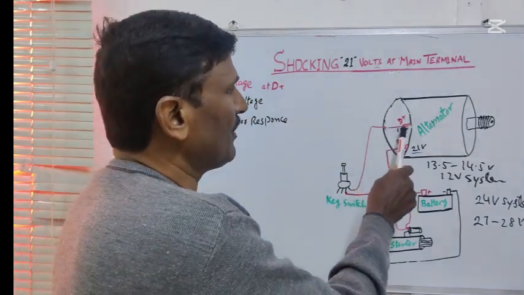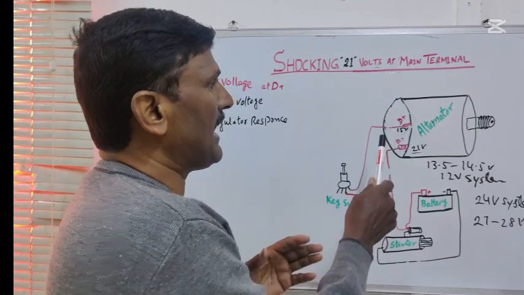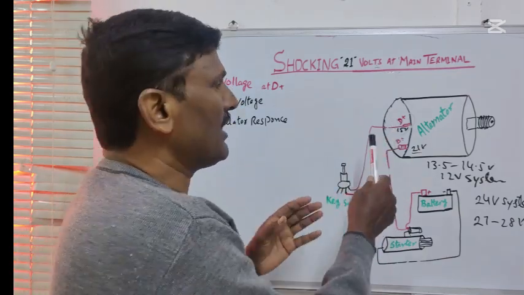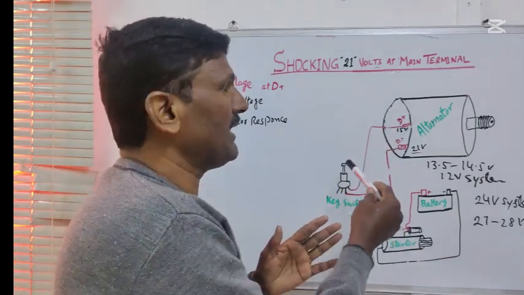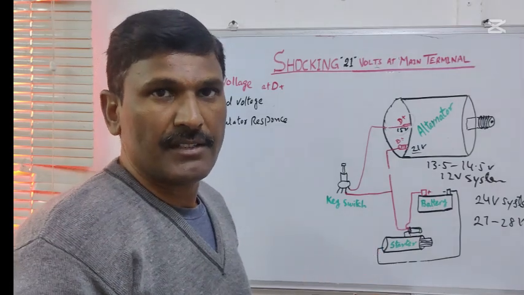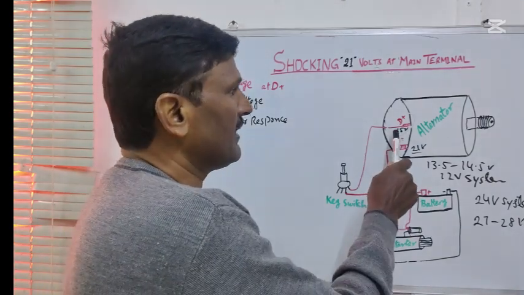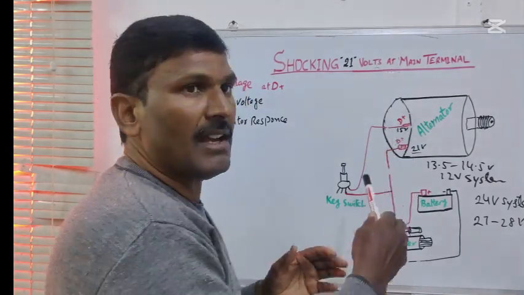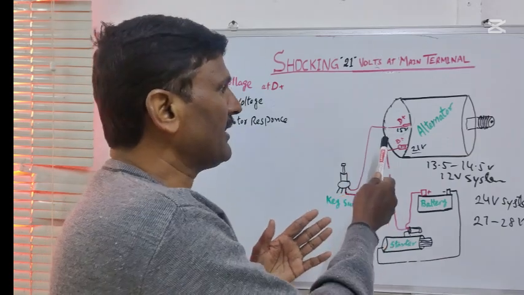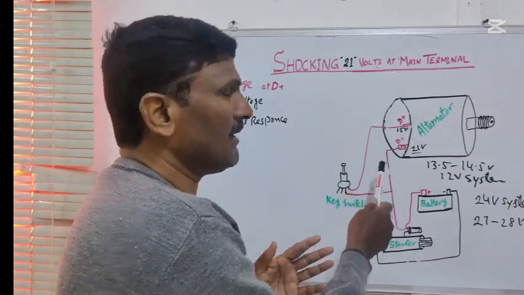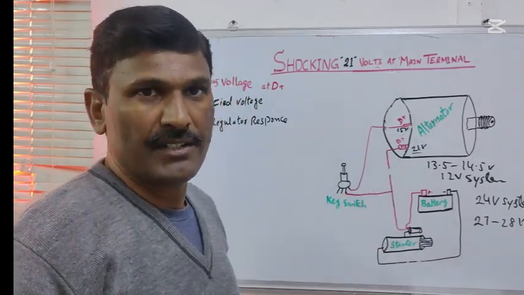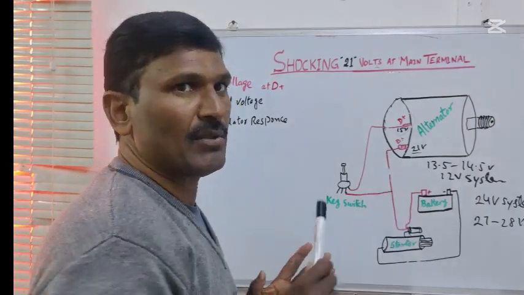So 15 volts indicates that the regulator is trying to maintain the charge voltage, but it is giving inaccurate readings due to the absence of load voltage, meaning the battery is disconnected.